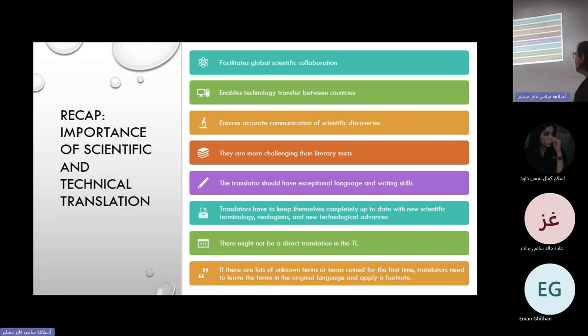If there are lots of unknown terms or terms coined for the first time, coined meaning used for the first time, translators need to leave the terms in the original language and apply a footnote. If there is no alternative, and this is the first time this term is used, you keep it as is and you put a note at the bottom of your paper.